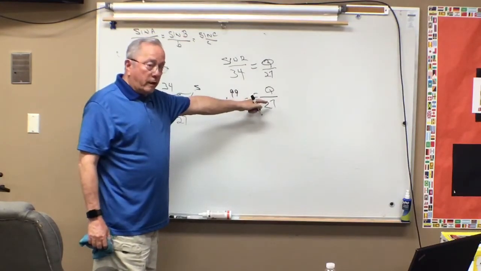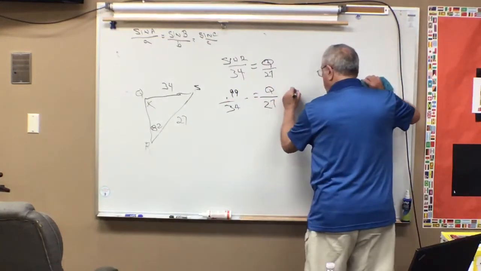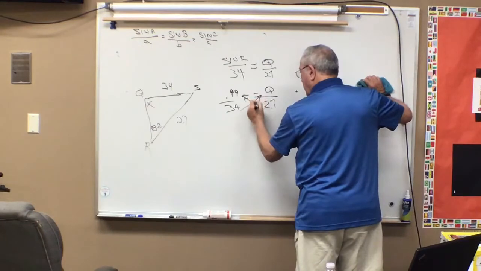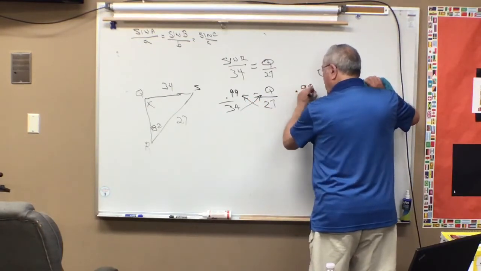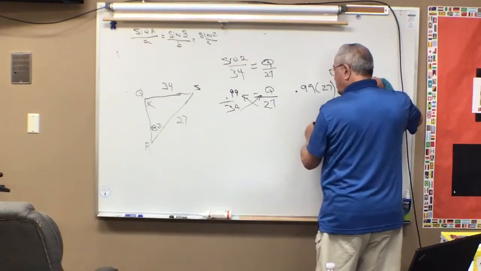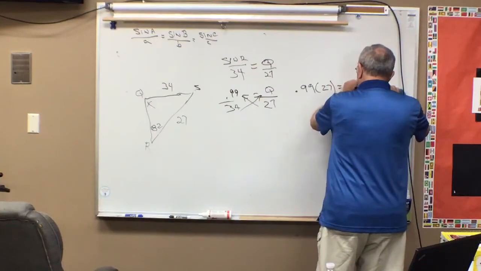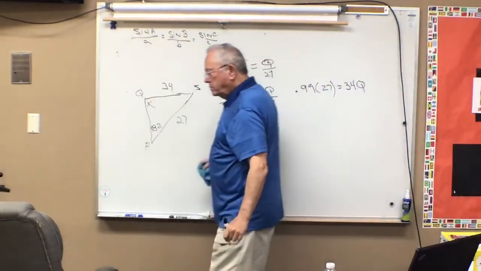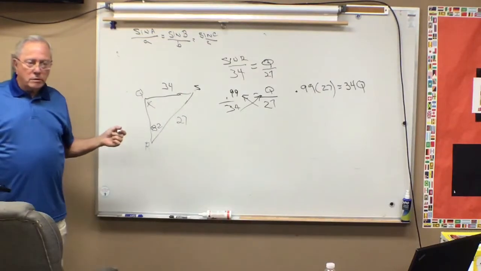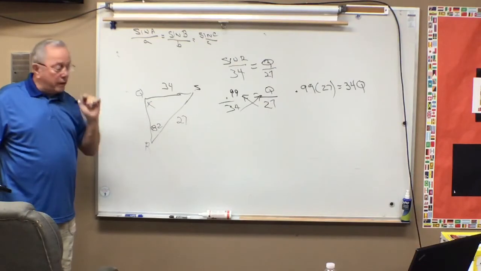But we're looking for angle Q. So 0.99 times 27 equals 34 times sine Q, doesn't it? Make sure you copy this down because it's a little bit easier really to find the missing angle, okay?